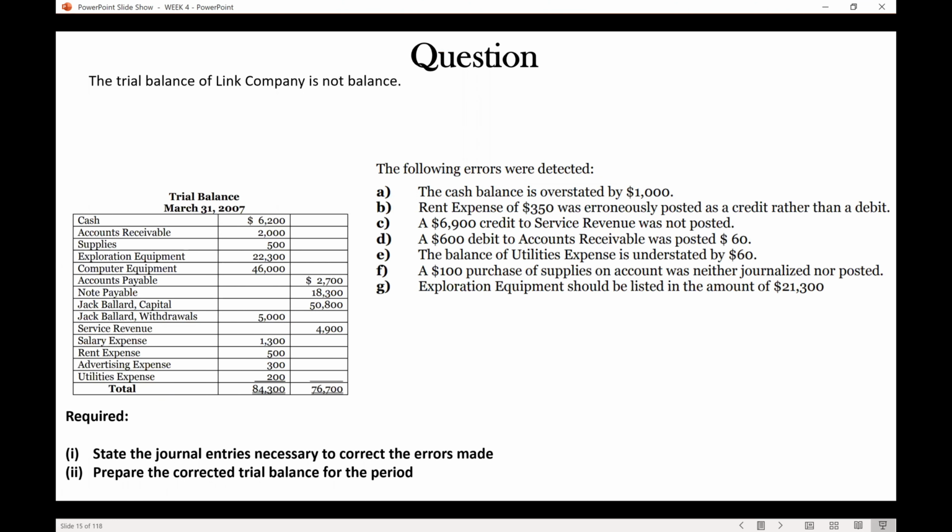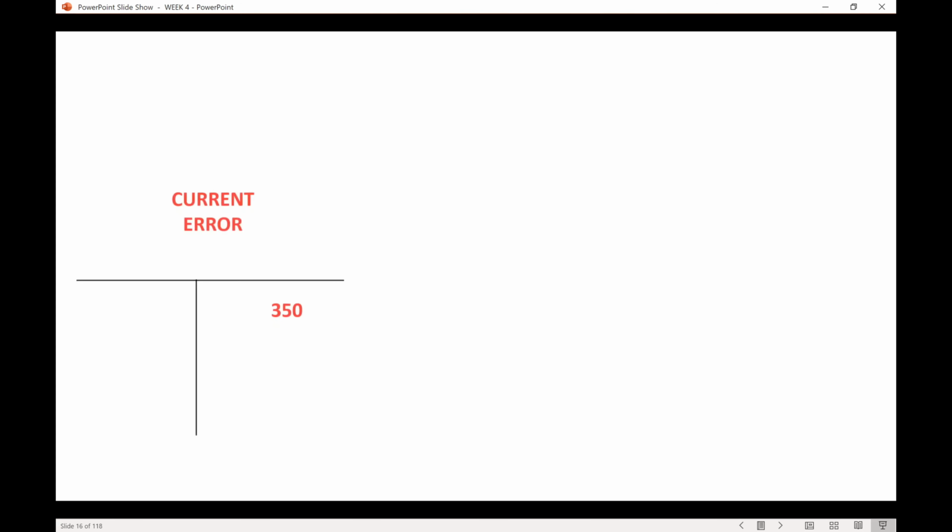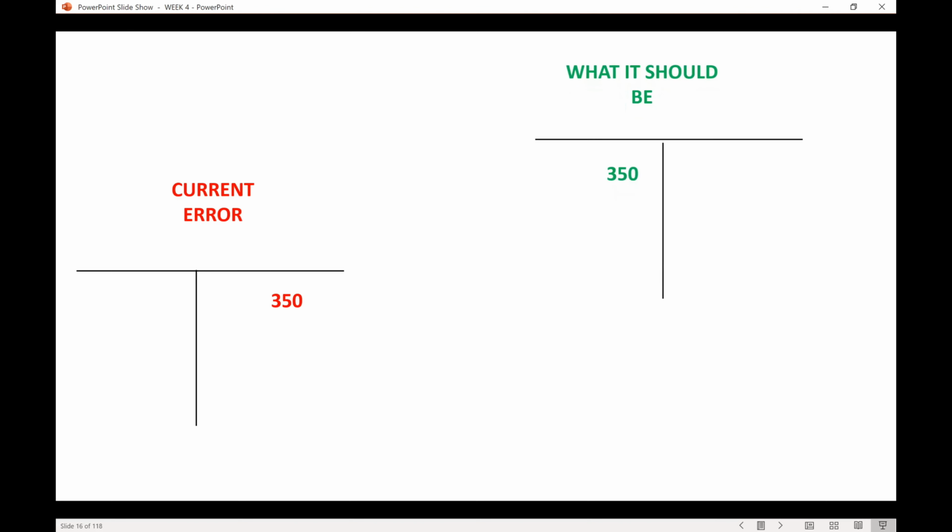The next one: rent expense of $350 was erroneously posted as a credit rather than a debit. Okay, what does this look like? So rent, this is the error. It was posted as a credit of $350, but it should have been a debit of $350, because when rent expense increases, you debit.